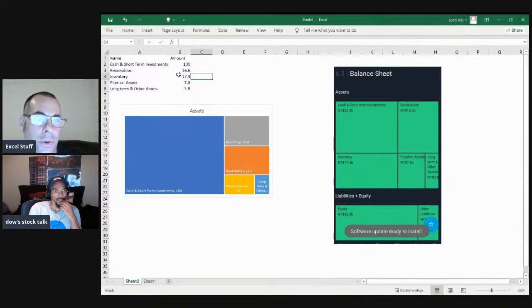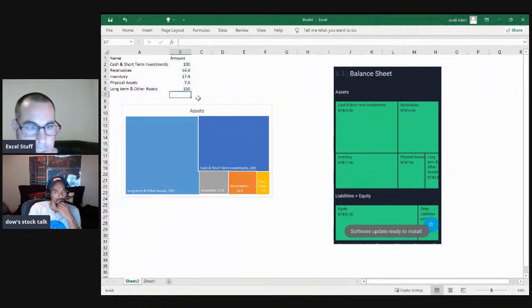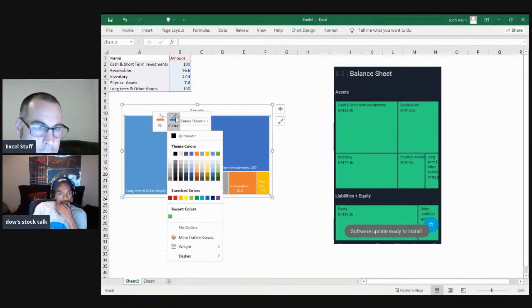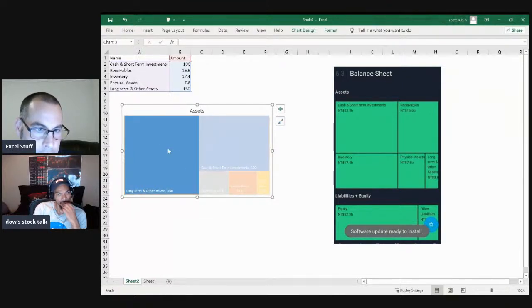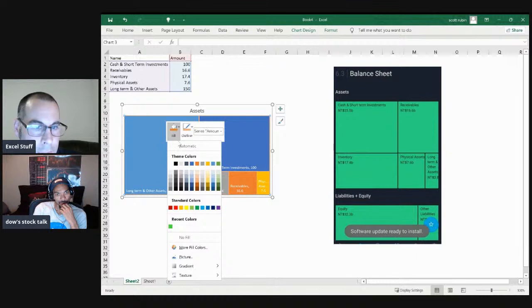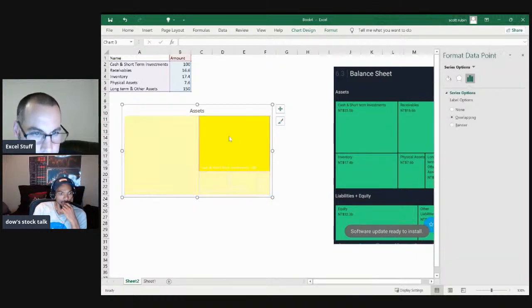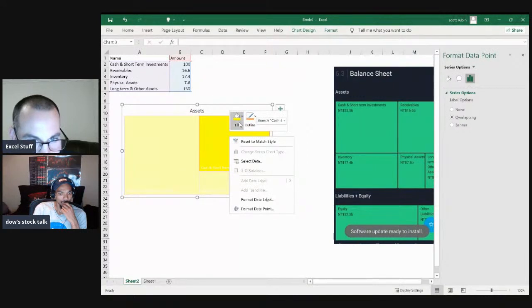Yeah, so it'll move depending on what you put. And you could change the colors pretty easily. Like if you wanted that to be, okay, the fill. If you want that to be, well, you don't want it all to be yellow.